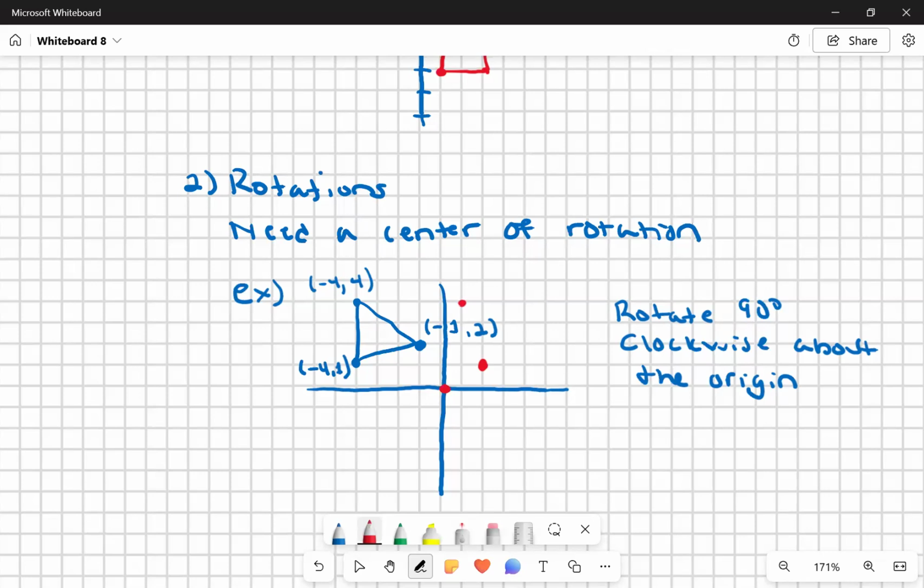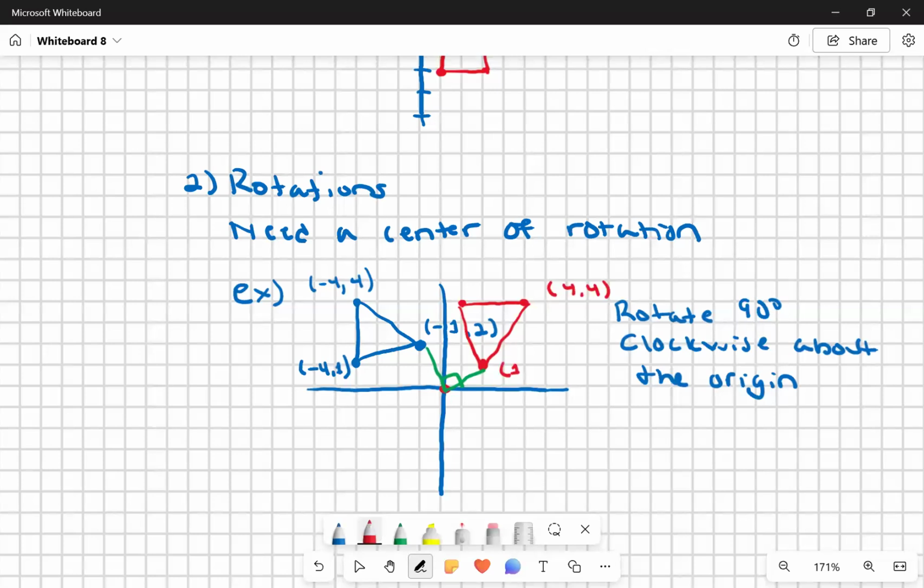And then 4, 4 would be the last one. And what I have done, and I'll draw it, is I recreated the triangle, and this angle between them is 90 degrees.